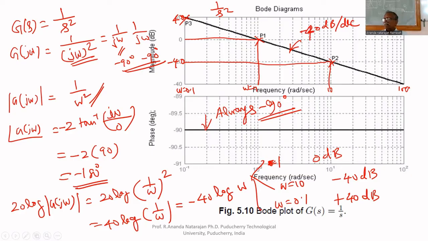If it is 1 by s cube, it means 60, 0, minus 60. Slope will be like that.